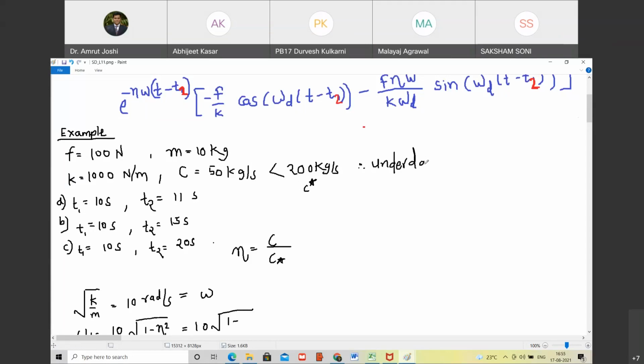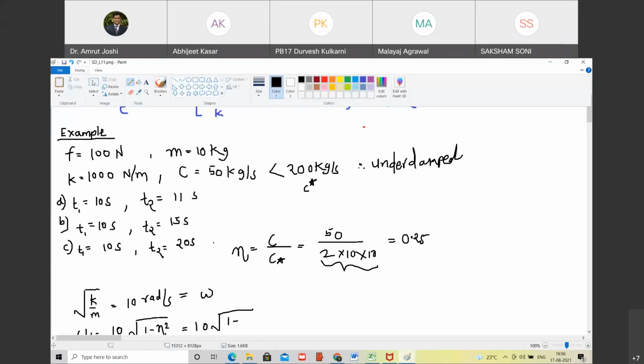Now C upon C star. So C is 50 and C star is 2m omega. m is 10, omega is 10. So we know that C star is 200. So 50 upon 200 is 0.25. No, I would like to have this even lesser.